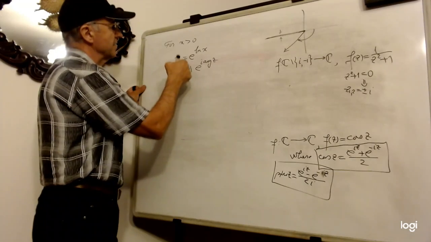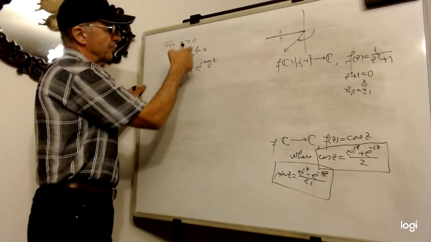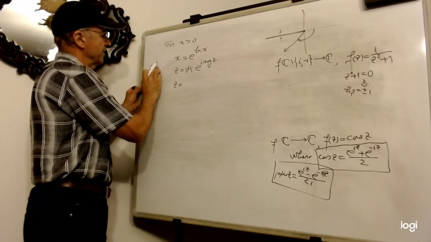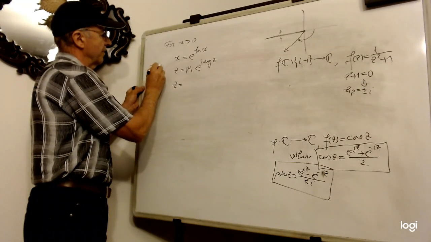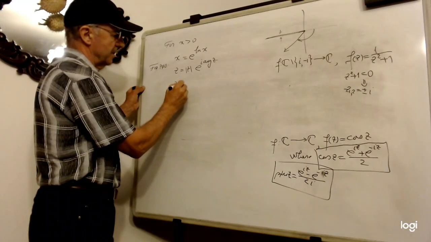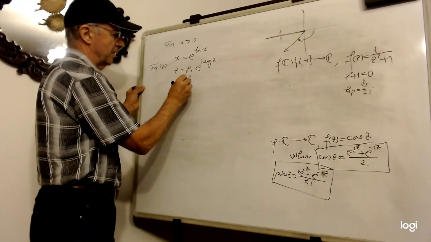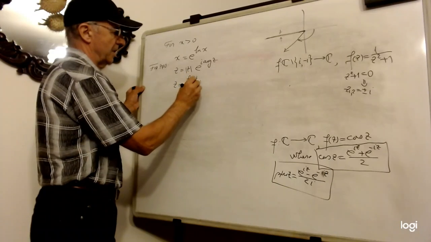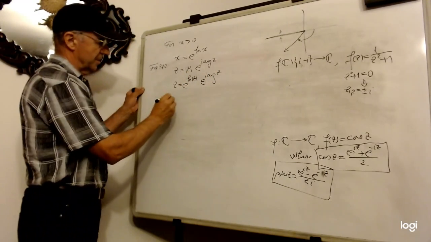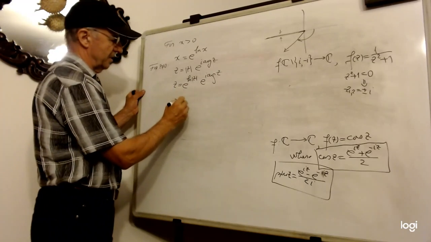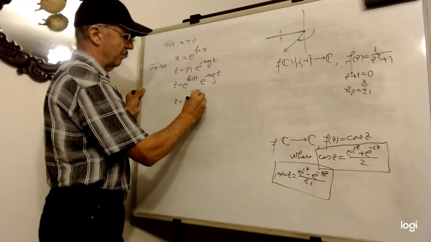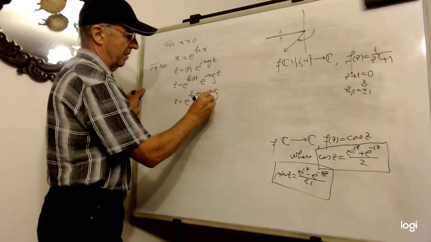This is a real positive number here, for z different from 0, exponential modulus of z times exponential i argument of z. So z can be written as exponential modulus of z plus i argument of z.